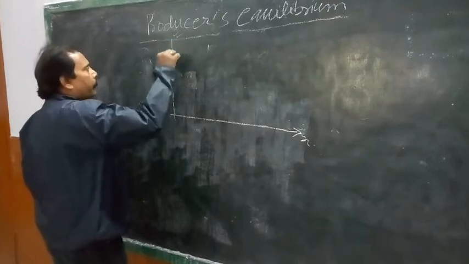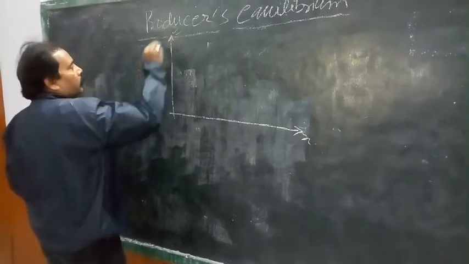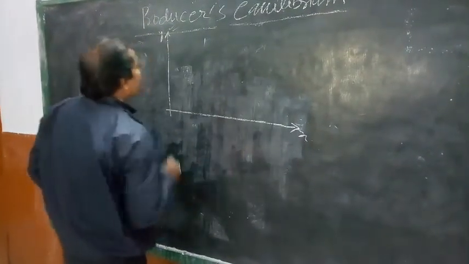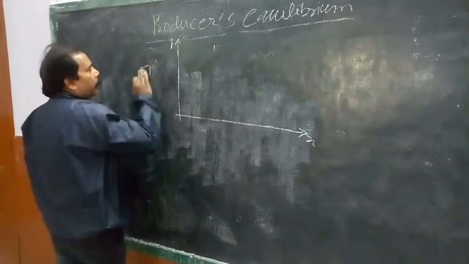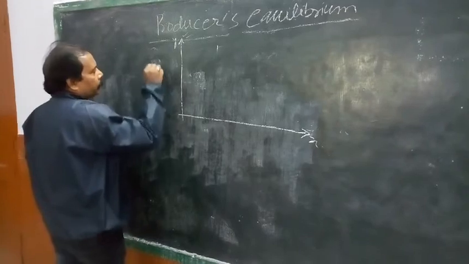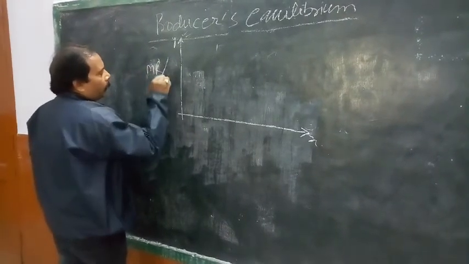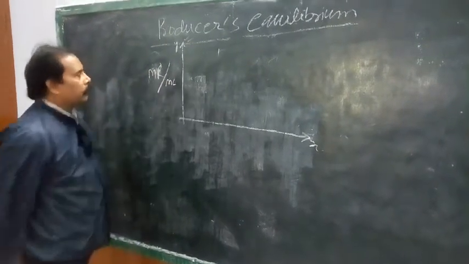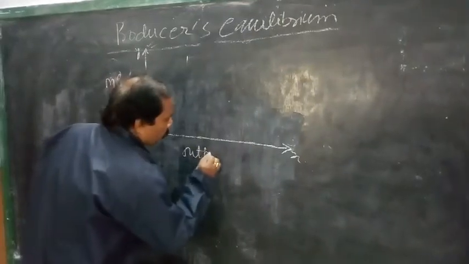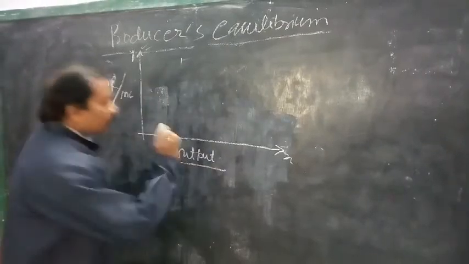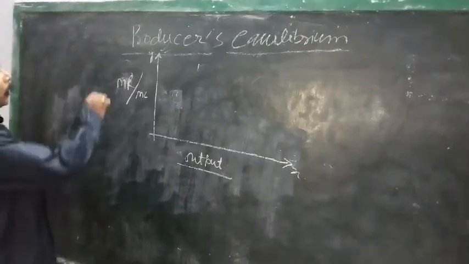Is it clear? On the y-axis, we will take MR and MC, and on the x-axis, the output. Clear?